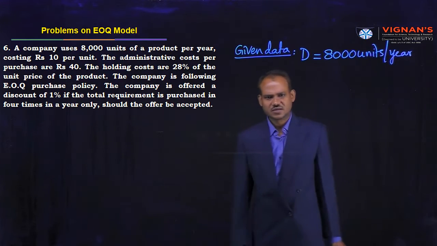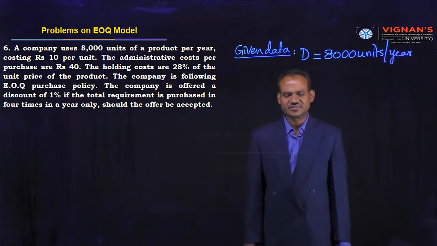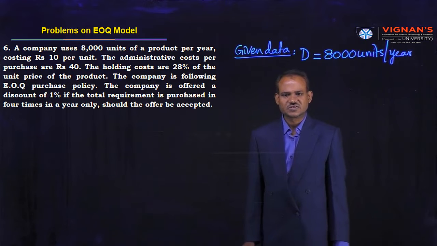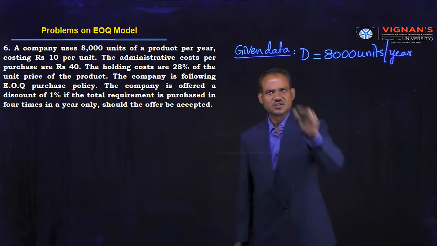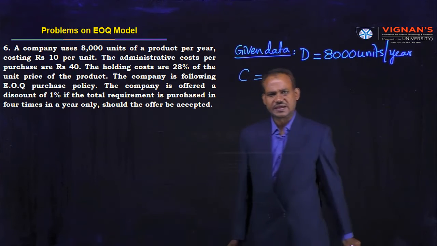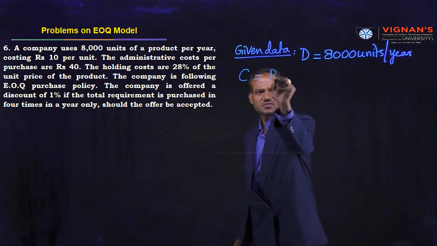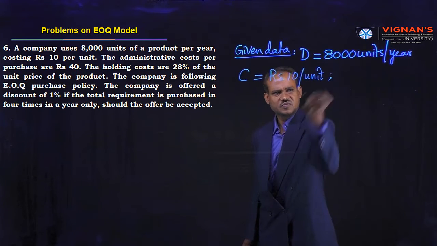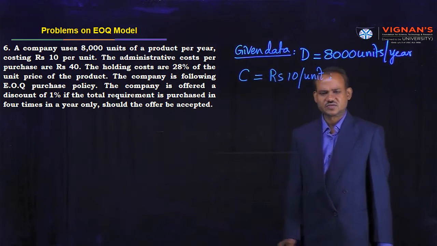Okay. Next, move to the next sentence. Costing rupees 10 per unit. That means cost per unit is also given as 10 rupees per unit. Next, read the next sentence.